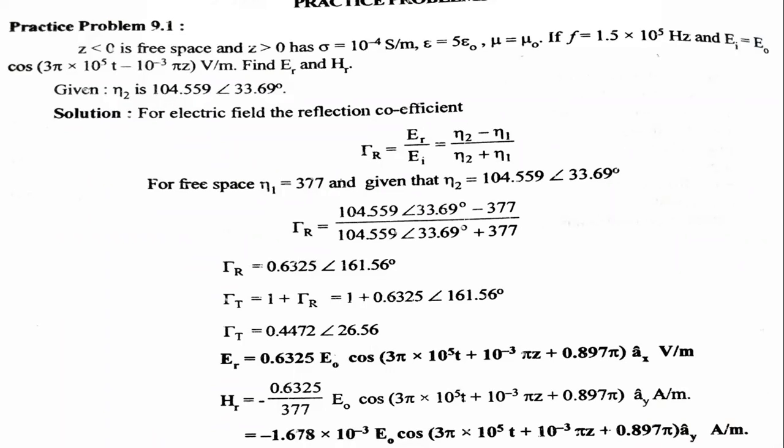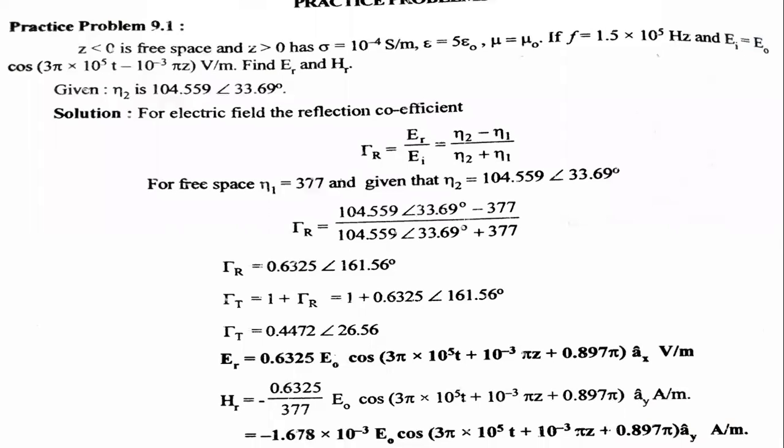So E0 is the electric field intensity in free space, and EI is the electric field at the incidence point. One equation is given in the form of cos, and you need to calculate ER and HR, if eta 2 is given as 104.559 angle of 33.69. How can we simplify this?